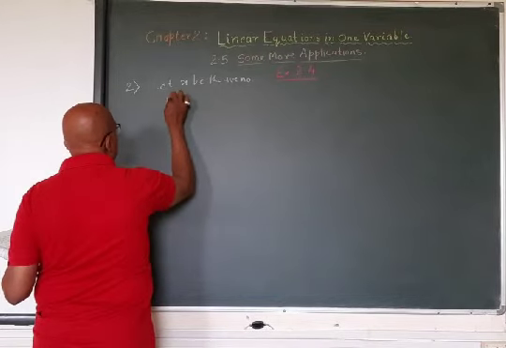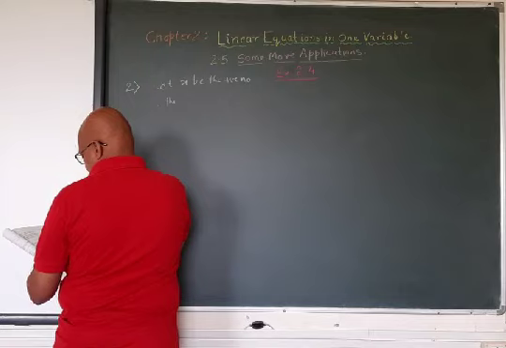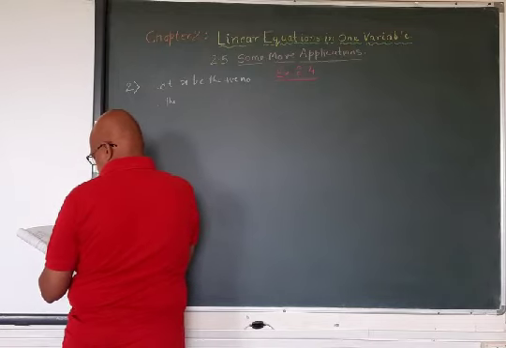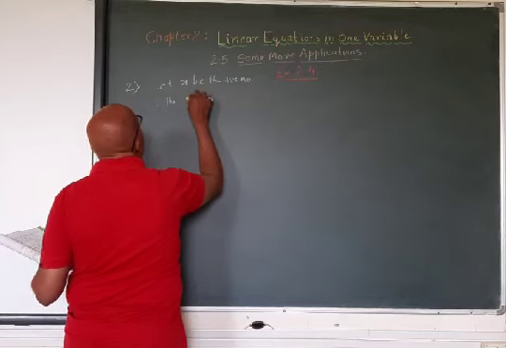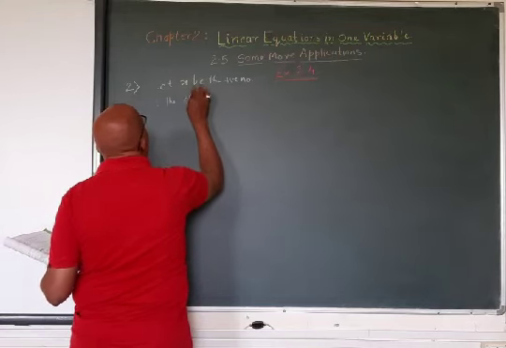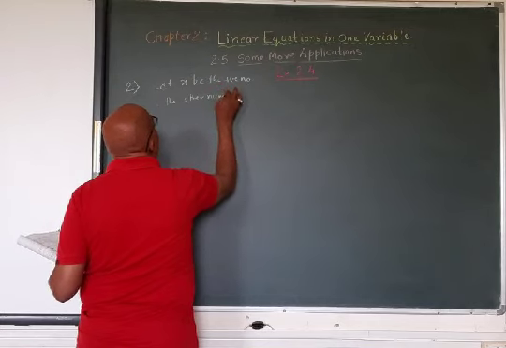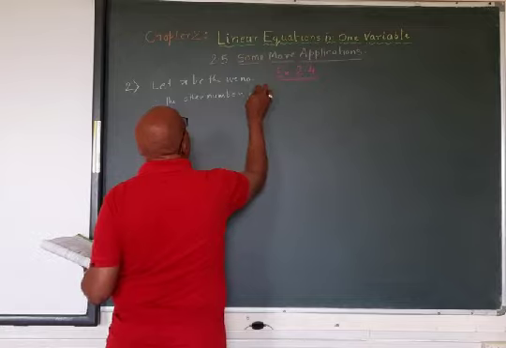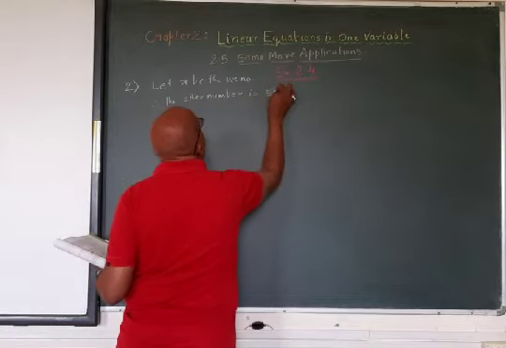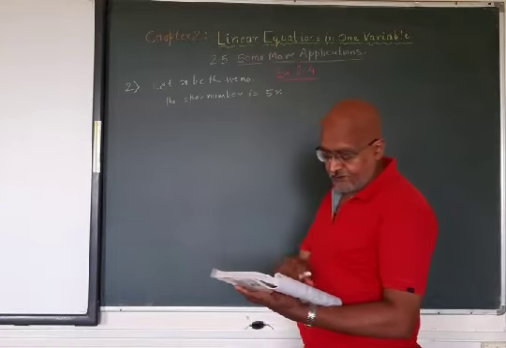Therefore the other number is 5x, that is 5 times the one number.